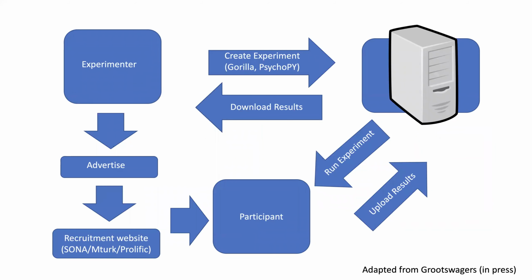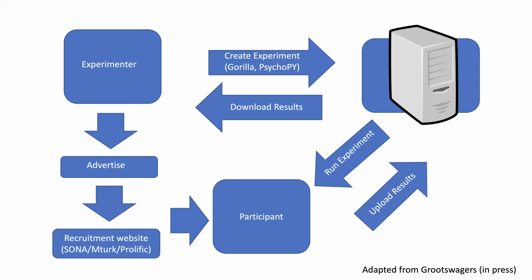So to summarize everything, this is the basic infrastructure of what I've talked about. You as an experimenter have multiple roles. You have to create the experiment on Gorilla or PsychoPy, whatever you want to create it on, that can be put online. And then you have to advertise the experiment. To do that, you have to put it on Sona or MTurk or Prolific.